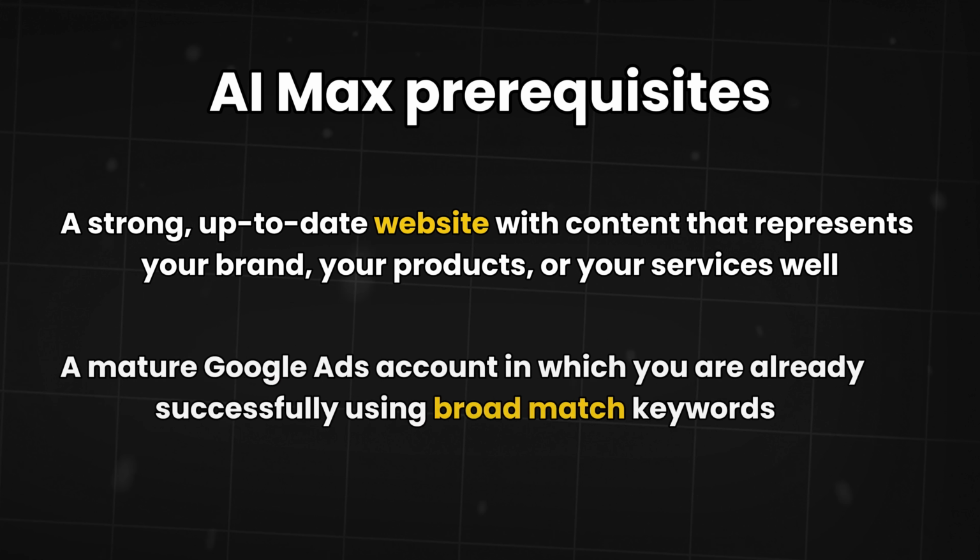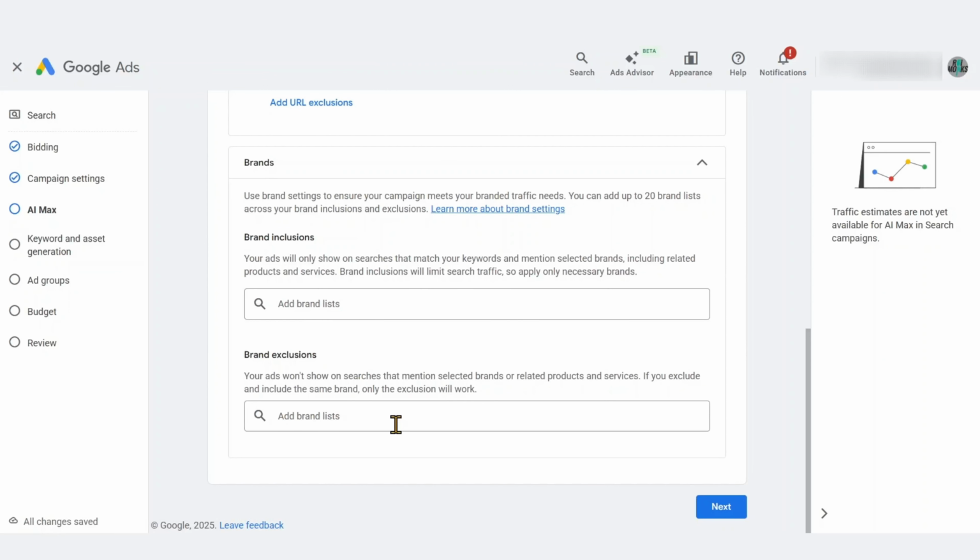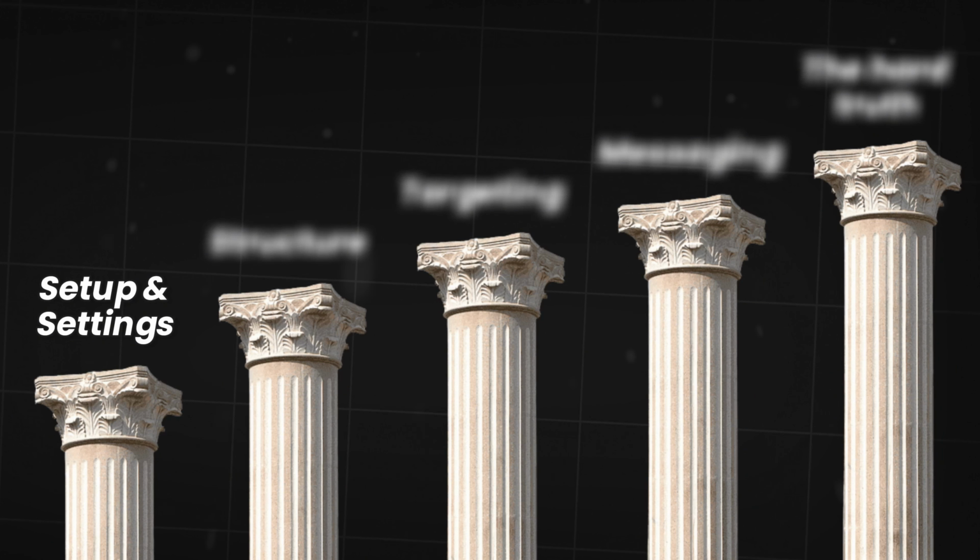You also need to have a mature Google Ads account in which you're already successfully using broad match keywords, because AI Max is basically going to expand your targeting to broad match and keywordless technology. So if you're currently in your account using only exact match or phrase match, then I suggest steering away from AI Max right now.